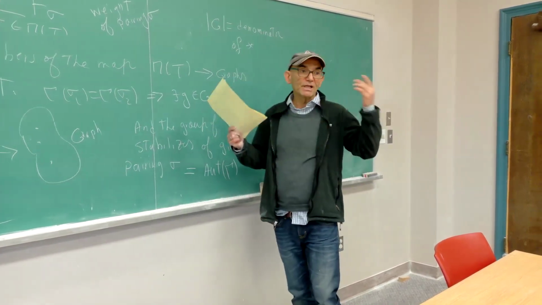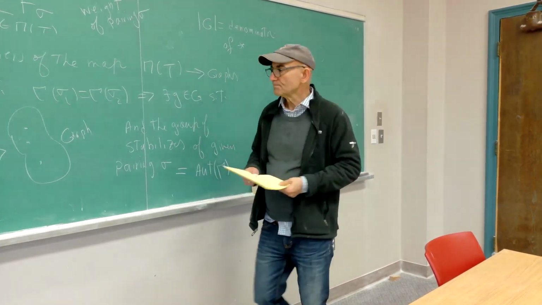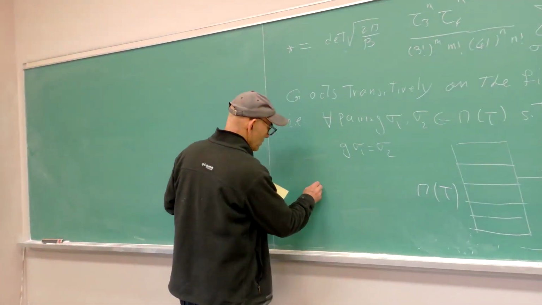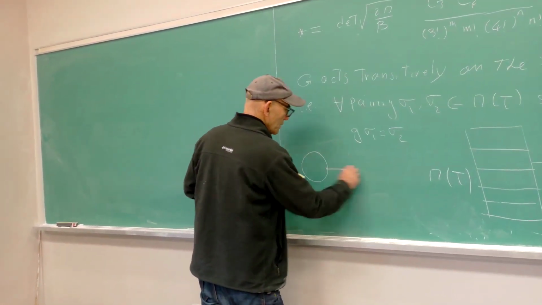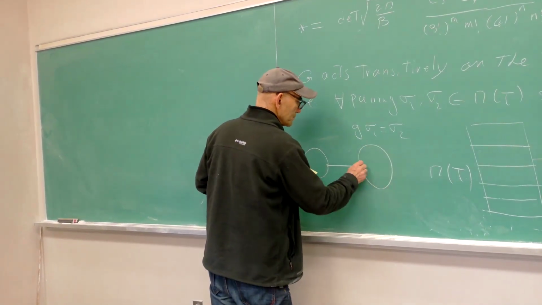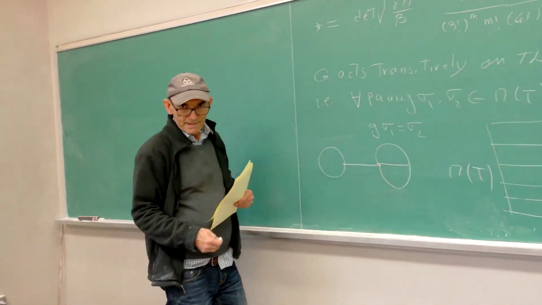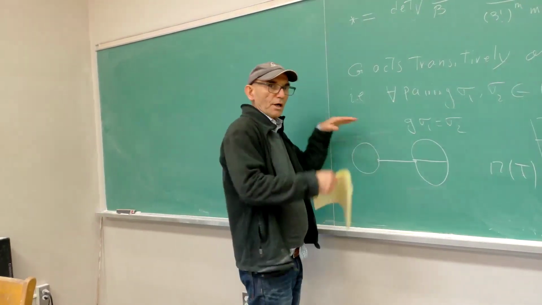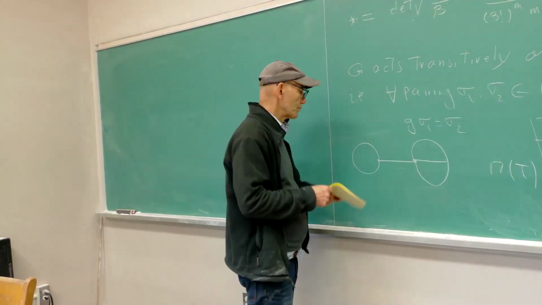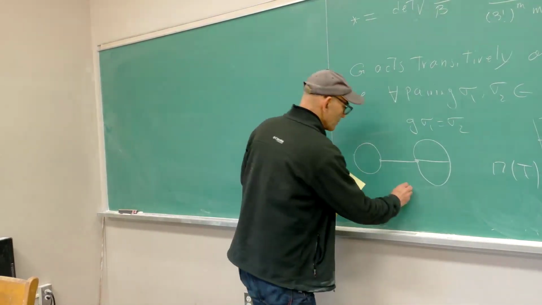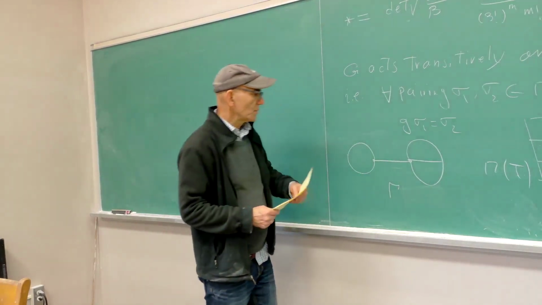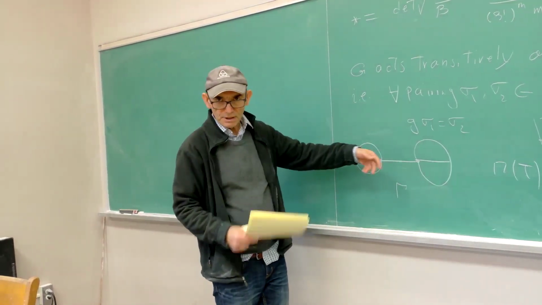So imagine the picture that we had at the beginning. Let's draw that graph again, like this. Remember, this is the graph that we got by identifying pairings in the way that we defined. So this was gamma. The question is, what are the automorphisms of these things?